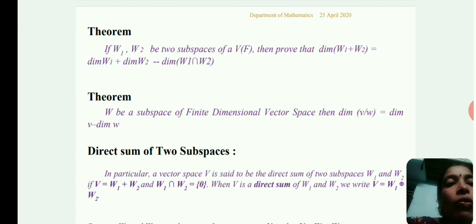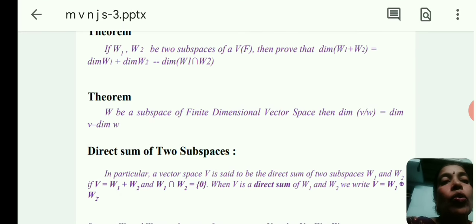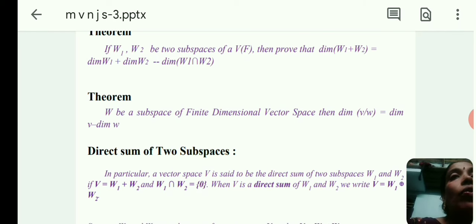Here also we take the sets W1, W2 and find the dimension of W1 plus W2, and then prove that dim(W1 plus W2) is equal to dim W1 plus dim W2 minus dim(W1 intersection W2). This is a very important theorem.